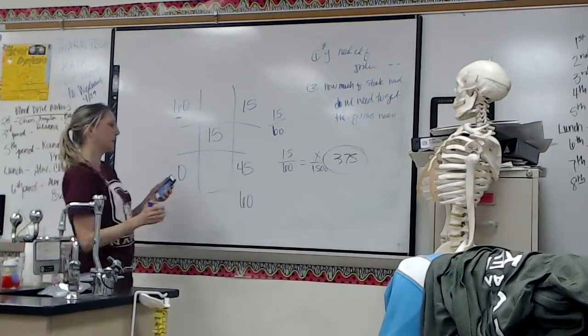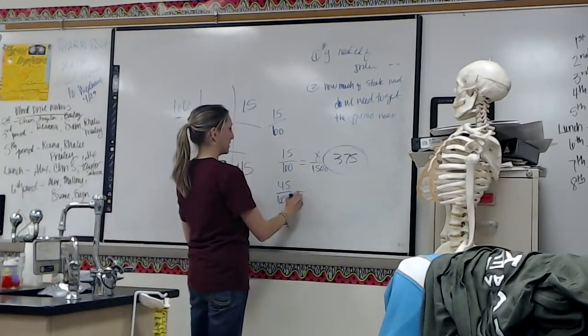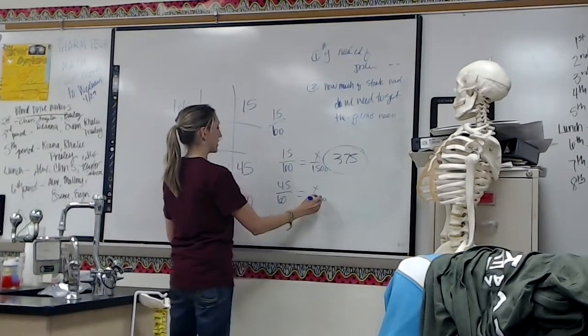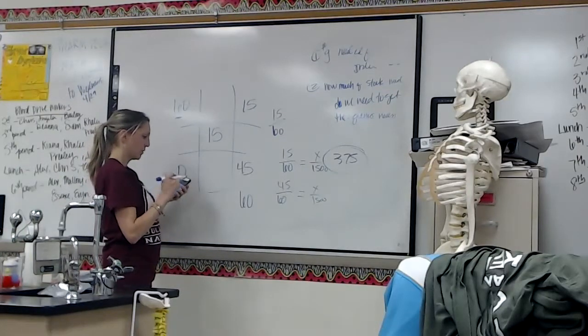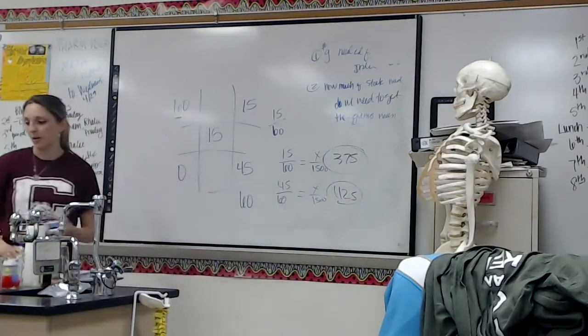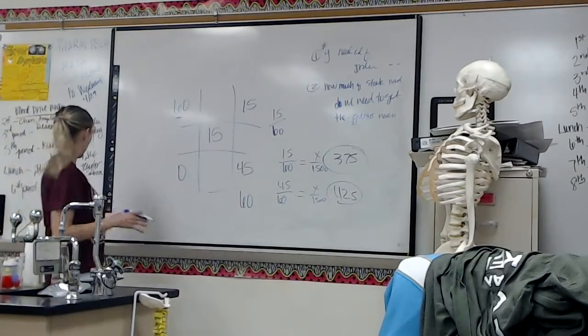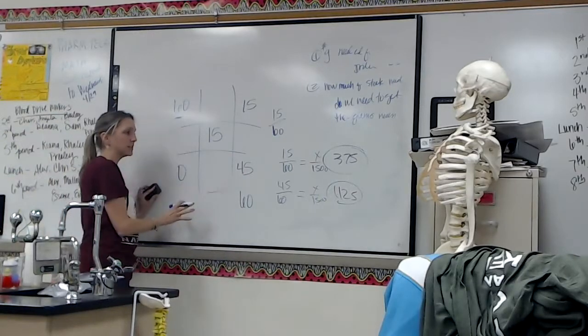Then down here, we'll just do the opposite. 45 over 60 equals X over 1,500, to check ourselves here. We get 1,125 of our base medication. So you can use either one of those as you're going through here. You can use alligation if it makes more sense to you.